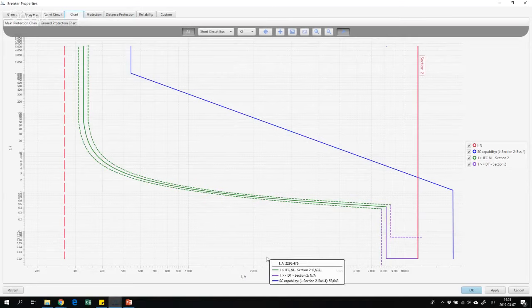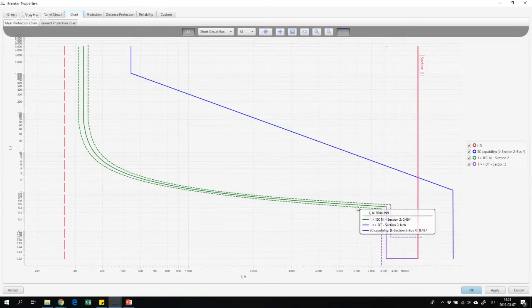That means that in case of, let's say, any short circuit, our short circuit current can be like 6000 amps. If we have 6000 amps, we will reach this curve, and we will see that after about half a second, our first stage of overcurrent protection device will send the trip signal to the breaker, and our cable will be capable to withstand this kind of current for about 8 seconds, 8.5 even.